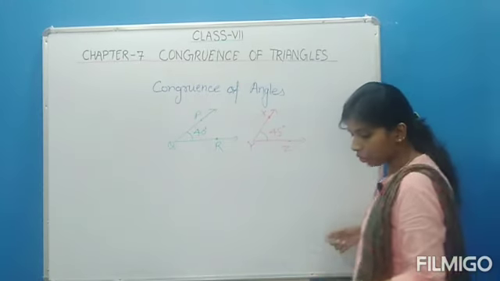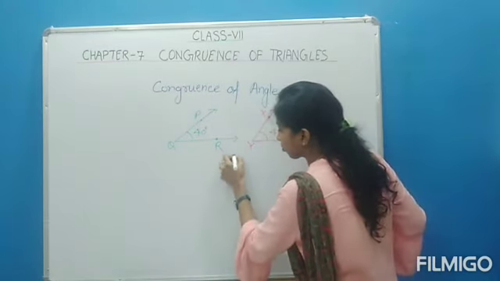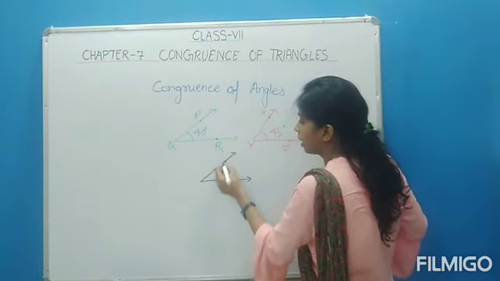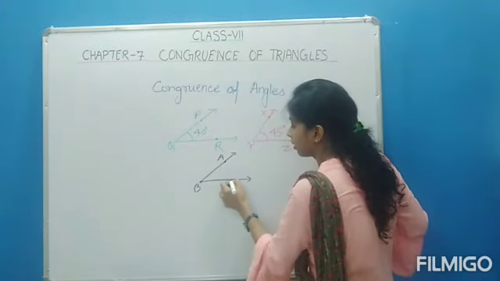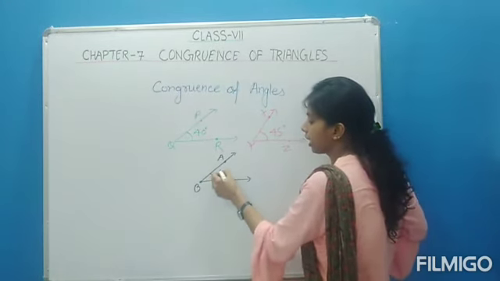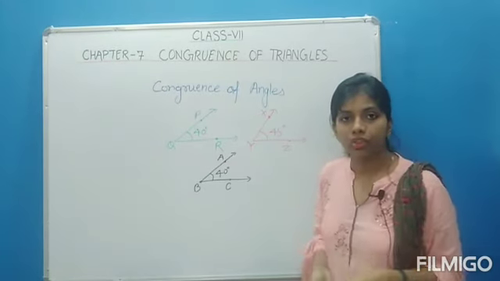And we're going to draw one more angle like this, and the name of this angle is angle ABC, and the measurement of this angle is given as 40 degree. So now tell me which one is congruent.